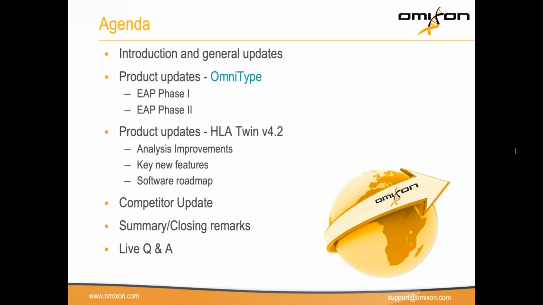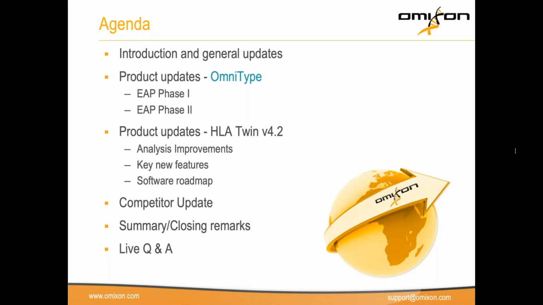So as always, let's begin with a little bit of an agenda. We will begin with a small introduction and general updates, and then we will go into the product updates, starting with OmniType and the EAP phases that are ongoing. And then we will continue with product updates on HLA Twin version 4.2. We will move on with a competitor update and comparison for your information.